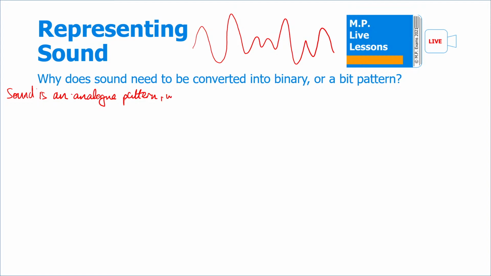Whereas computers only understand binary, which is basically digital.